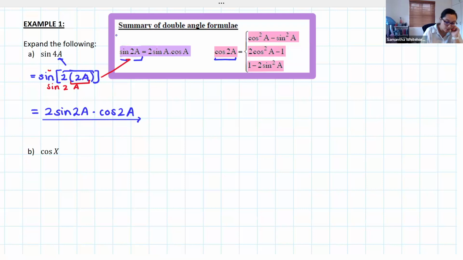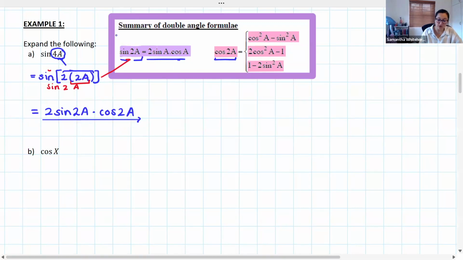So that's essentially why I've taken half of 4a and used that as my angle here. If I now went back to the double angle, 2 sine a cos a goes back to sine 4a, the double angle that we originally had. All right, so again, basic, nothing too stressful, but if we can't do this, we can't do the other stuff.